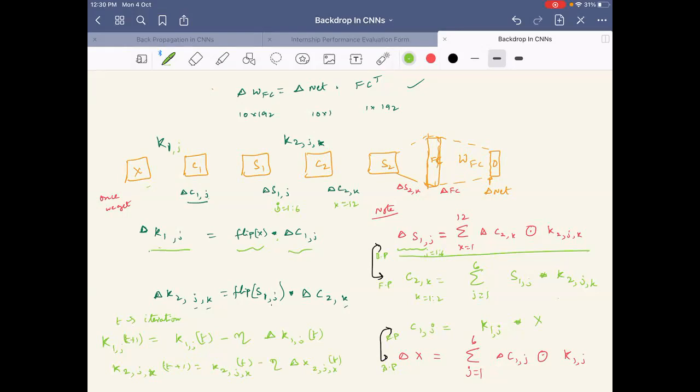So bias at the second convolution layer, usually represented with B2.